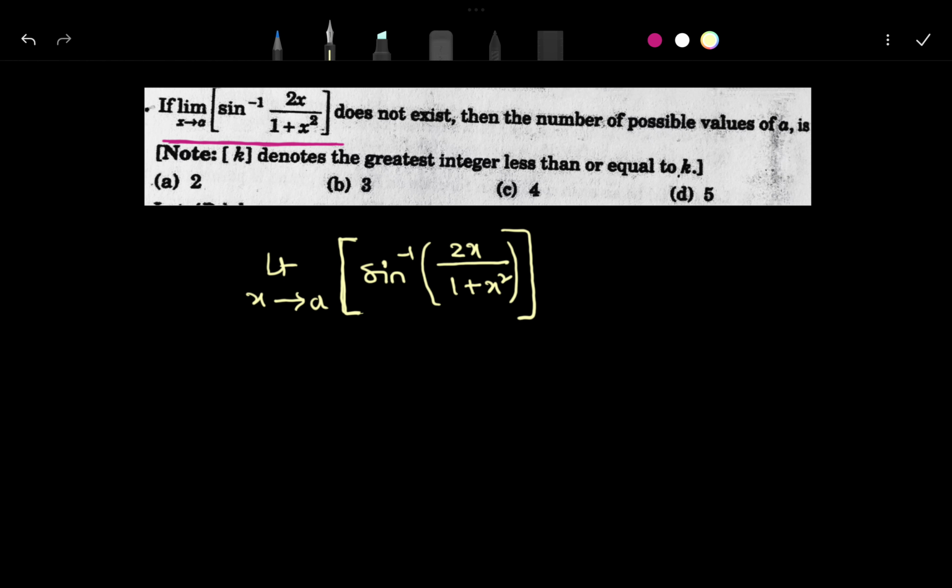So here, the limit as x tends to a of the greatest integer of sine inverse of 2x whole divided by 1 plus x square does not exist.